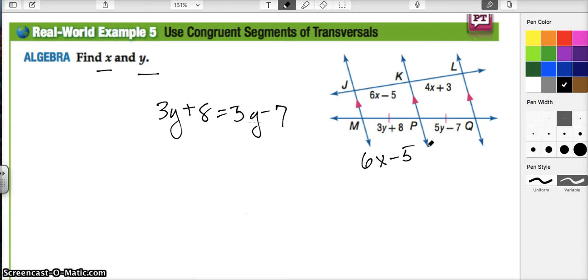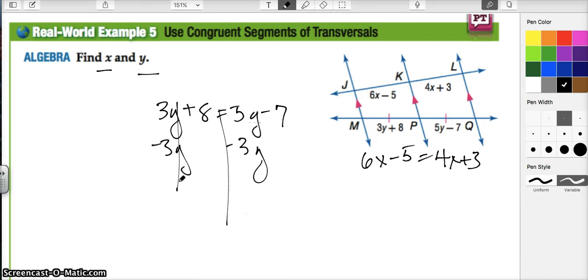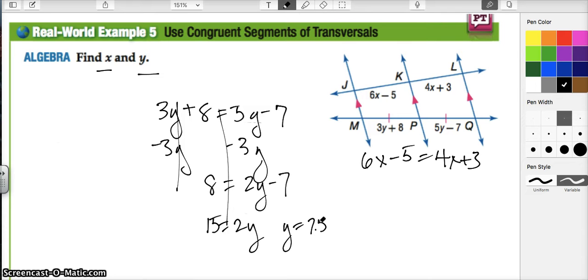6x minus 5 is equal to 4x plus 3. And solving this is just the same old stuff that we've been doing. We are totally building our algebra muscles every time we solve an equation like this. Move the 7 to the other side, you get 15. So 2y is equal to 15, which implies that y is equal to 7.5.